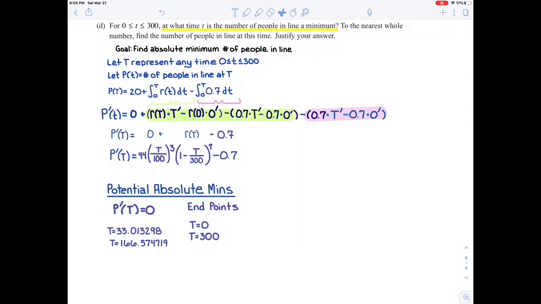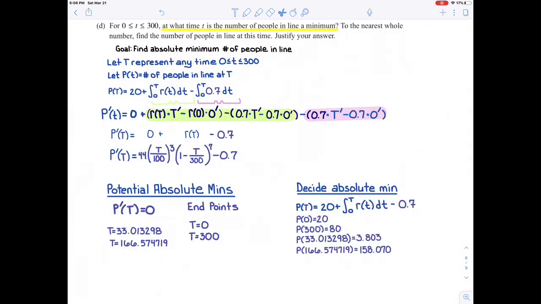Now we need to decide which one of these is the absolute minimum. To determine which time is the absolute minimum, substitute each into the primary function that represented the number of people in line. You'll want to use the calculator to make these substitutions so that the calculator takes the integral for you.